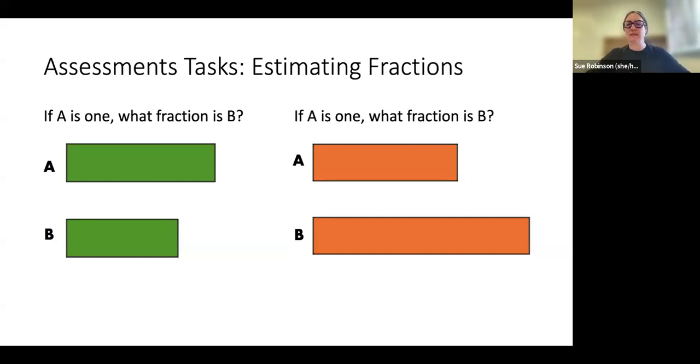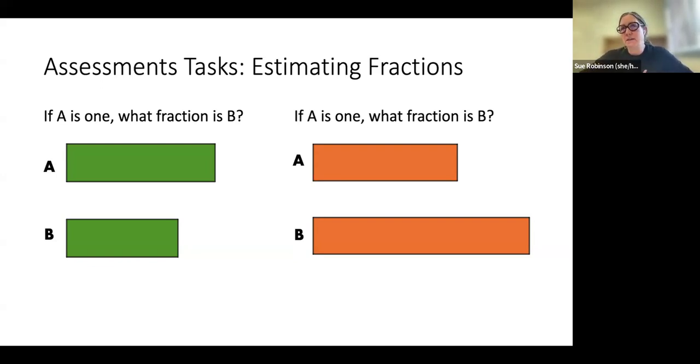Estimating fractions, equally partitioning area models, set models, and linear models, naming and counting fractional amounts, composing and decomposing quantities, partitioning unit fractions to make smaller unit fractions, comparing fractions, and then finally the operations. So adding and subtracting fractions is the 7th concept, and multiplying and dividing fractions would be the 8th concept.